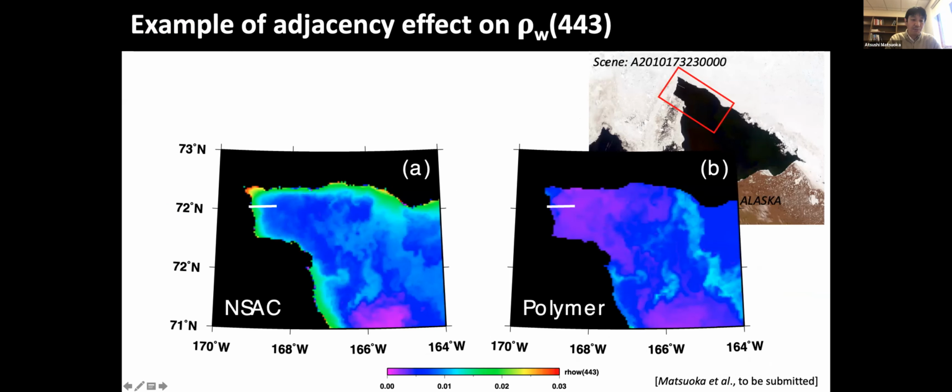When you apply the NASA standard atmospheric correction, you clearly see the adjacency effect along the sea ice edge, as shown here. In contrast, as shown by the simulation as well, polymer provided the better result, and no adjacency effect was found in this case.